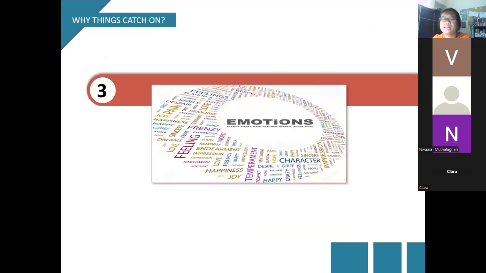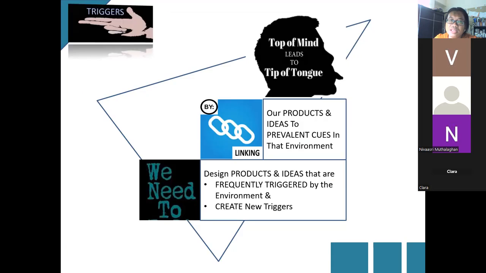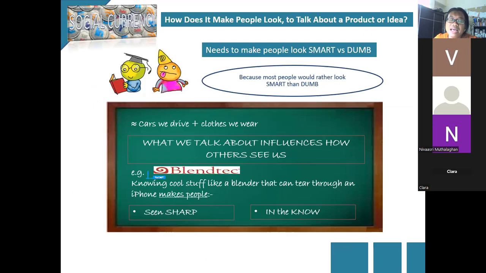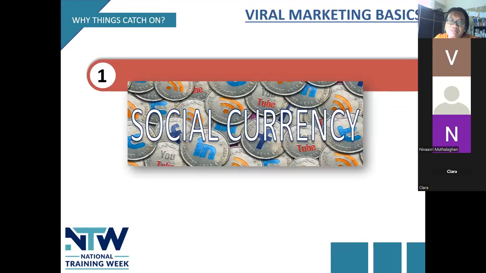Now, the third one is something very dear to me because I like this particular viral concept: emotion. Just look at this one. My family's business, the campsite just now, I used social currency to help that particular posting get shared by people.